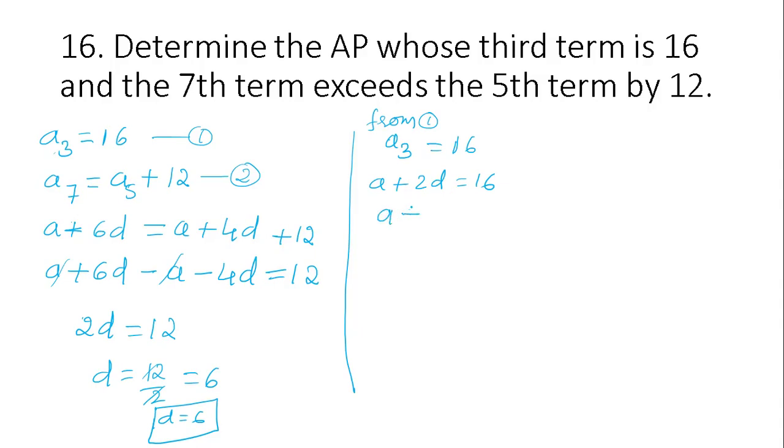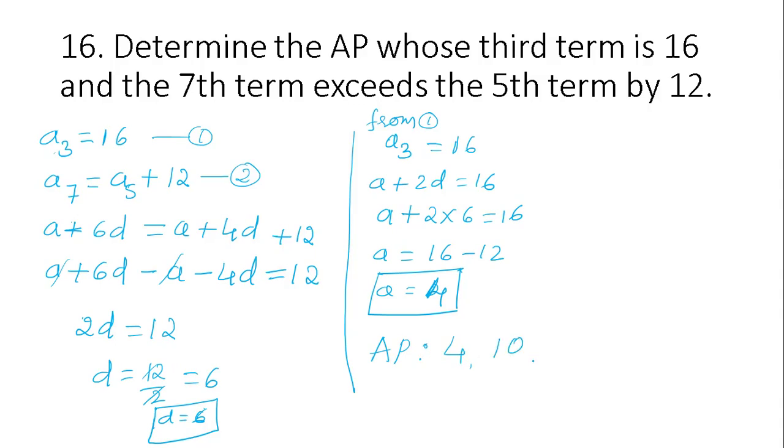A we don't know. A plus 2 into 6 is equal to 16. A is equal to 16 minus 12. A is equal to 4. A is the first term. Difference is 6. Therefore, AP is 4, 10, 16, 22, and so on. This is the AP.